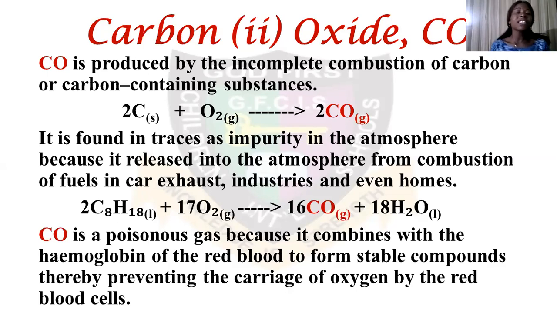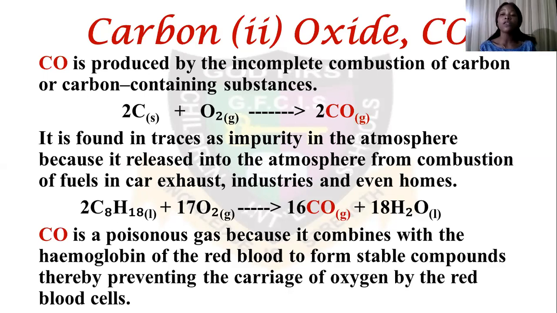But when carbon monoxide is inhaled, it forms a stable compound with hemoglobin. Because that stable compound is formed, it prevents the carriage of oxygen all over the body, and so suffocation will set in. The person will suffocate from inside. That's why carbon monoxide is poisonous.